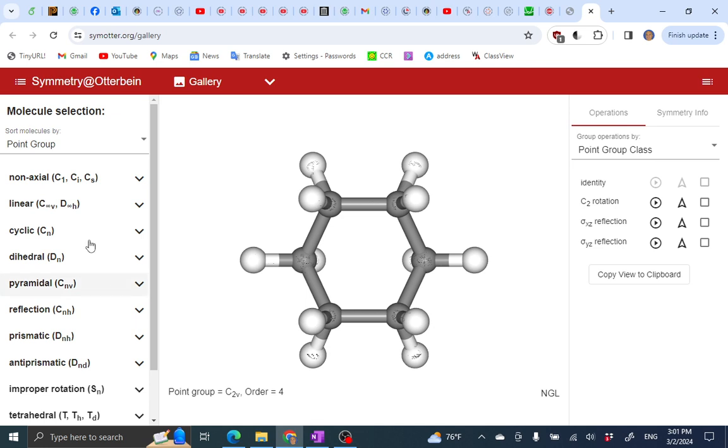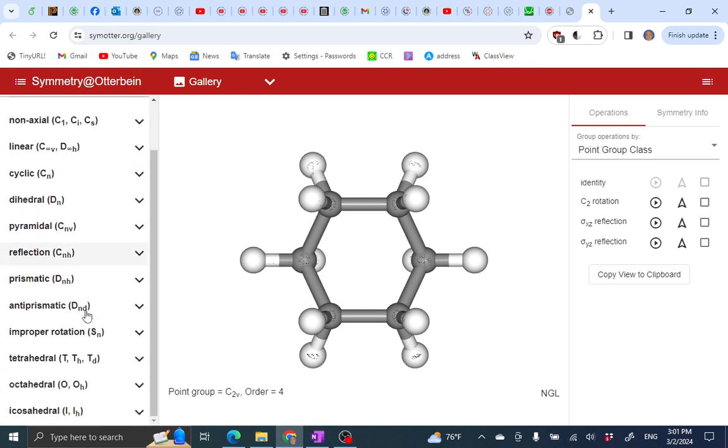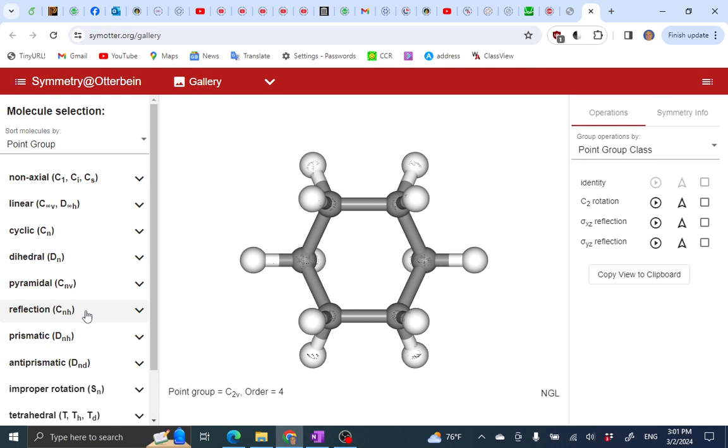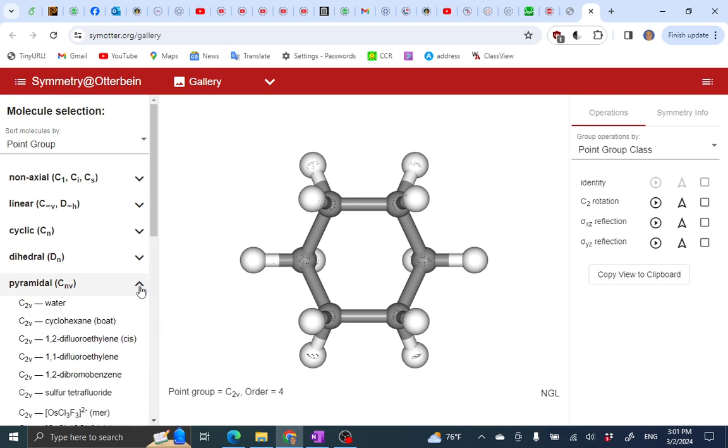You see on the left hand side there are about 24 different kinds of symmetries mentioned, and for each of them many examples are mentioned. For example, this one shows up under pyramidal molecules, and this one I think is cyclohexane.